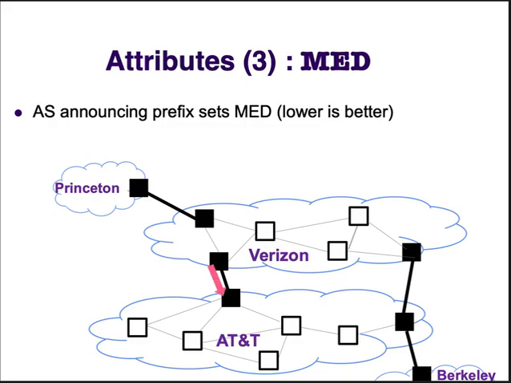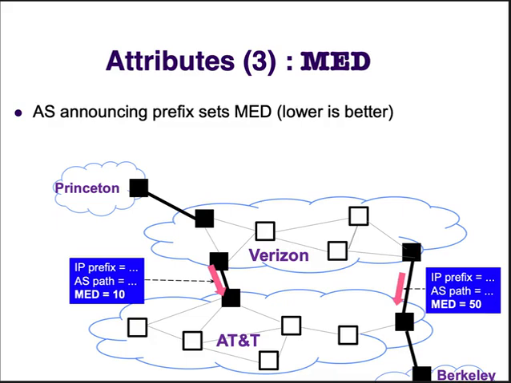When it advertises the route over the East Coast, it's going to say, here's the prefix, here's the AS path, and this advertisement has a MED field of, let's say, 10. The exact values don't matter. When it does it on the West Coast, it's going to give it a MED field that's higher, let's say 50. If you think of these as costs, like in least cost routing, it's trying to say the link on the East Coast has a lower cost.